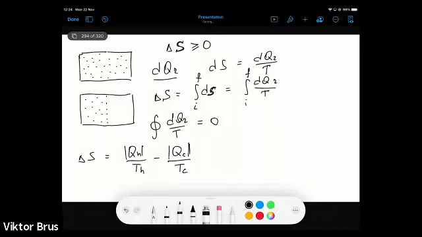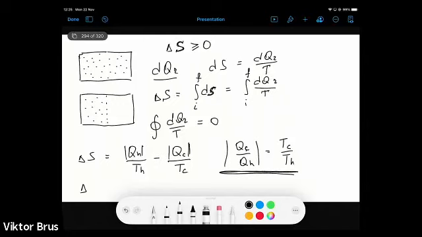If we recall our previous discussion, we have shown that the absolute value of the ratio QC to QH is equal to TC divided by TH. So taking this into account, we can easily show that specifically for the Carnot cycle, only for the Carnot cycle, this ratio is valid.